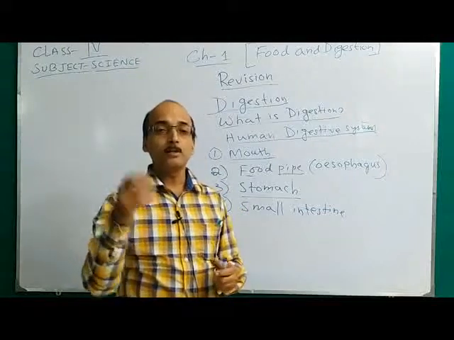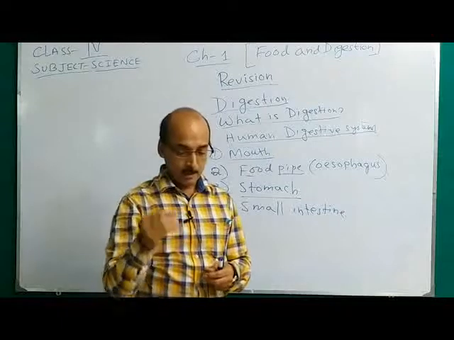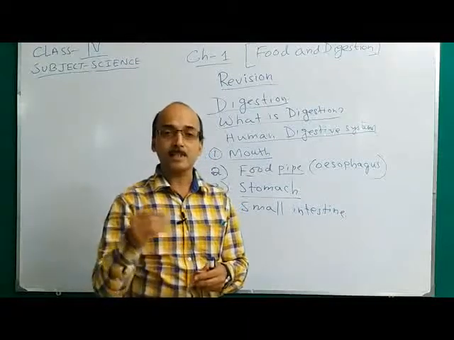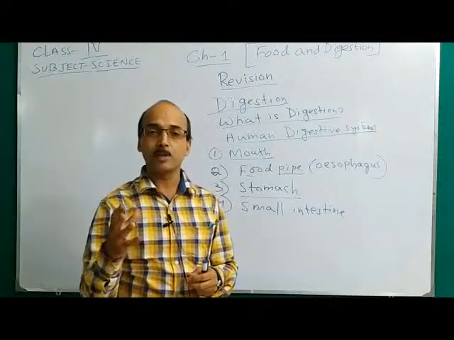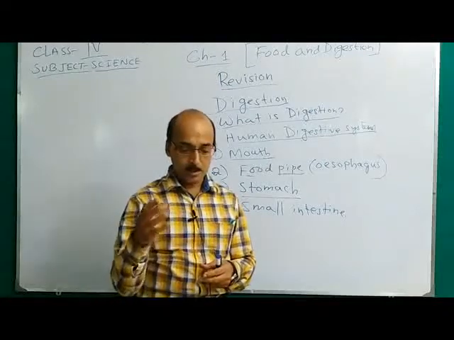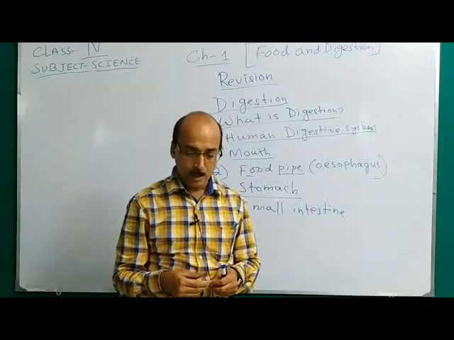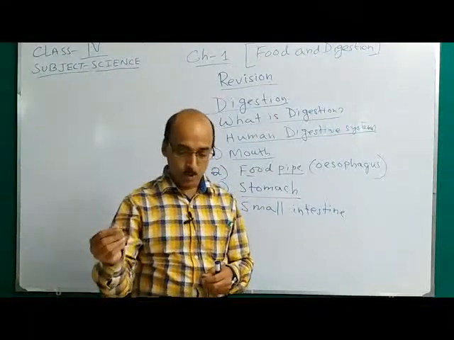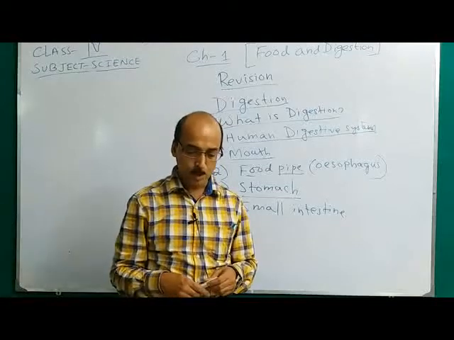The liver secretes bile, which helps to digest the fats present in the small intestine. Pancreas also produces juice that helps to digest carbohydrates, fats and proteins in the small intestine.